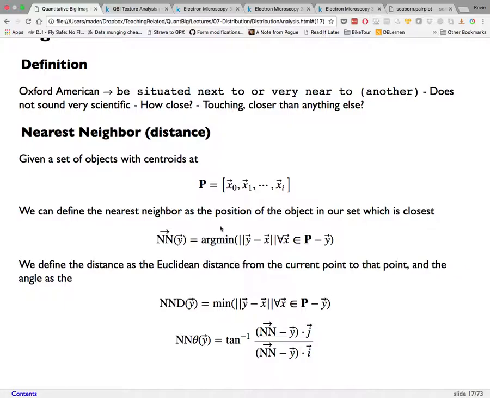That's not difficult to define because there is usually only one object that's the nearest, and if there are multiple, then you just randomly pick one. You can then define a nearest neighbor distance and a nearest neighbor angle. The nearest neighbor distance would be the distance to this object, and the nearest neighbor angle would be the angle of the vector pointing to that object.